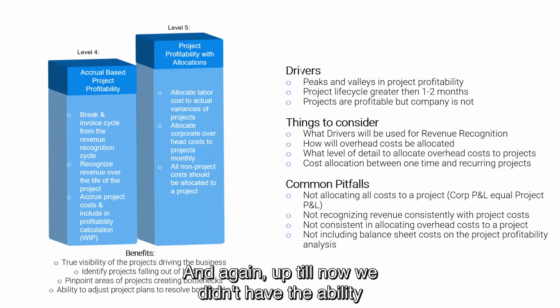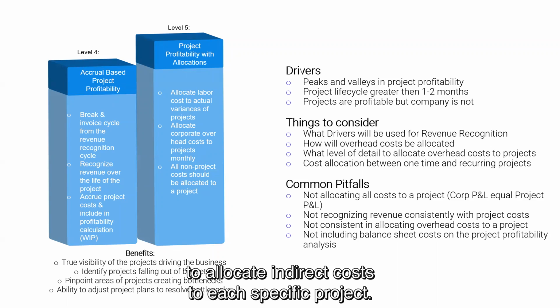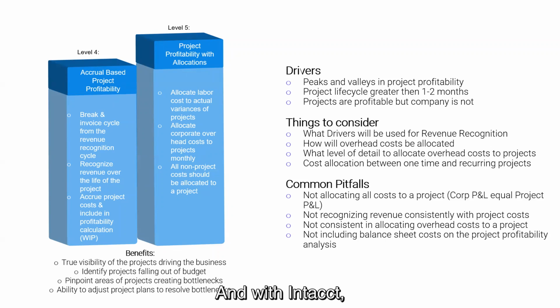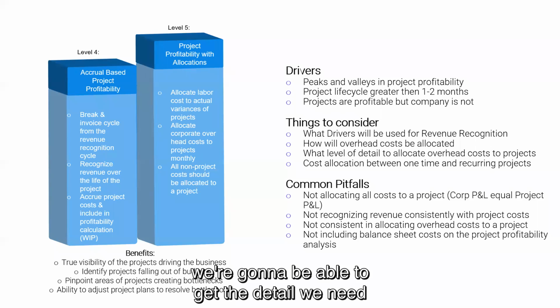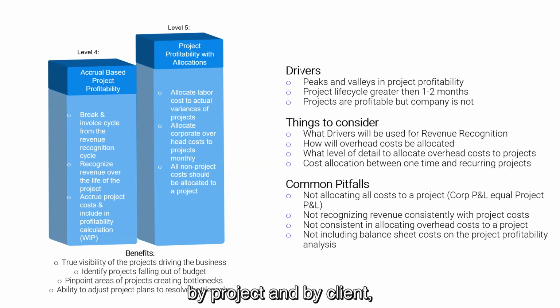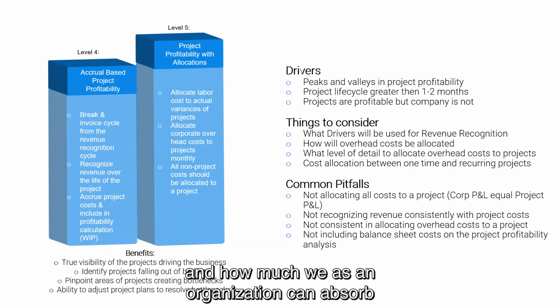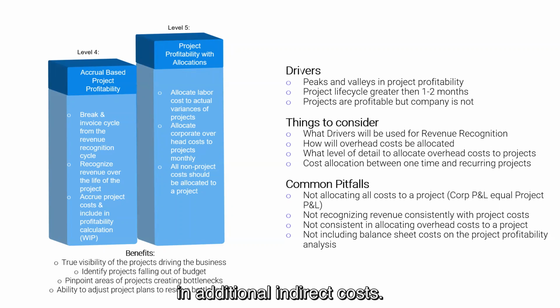And again, up to now, we didn't have the ability to allocate indirect costs to each specific project. And with Intact, we're going to be able to get the detail we need by project and by client to understand the exact profitability and how much we as an organization can absorb in additional indirect costs.